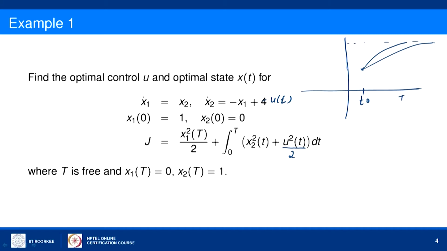For example, if you take this as x2 of t, at t equal to capital T the value is 1, and for any capital T the value is 1. So, we can get many such functions. Out of these functions we have to find the optimal function. Similar graphs can be drawn for x1 of t separately. So, how to find the control u of t, the optimal control for this particular problem?